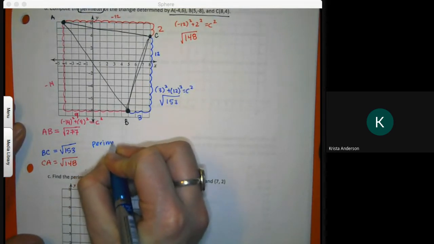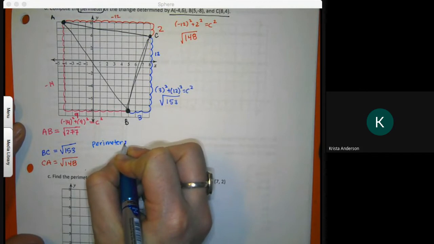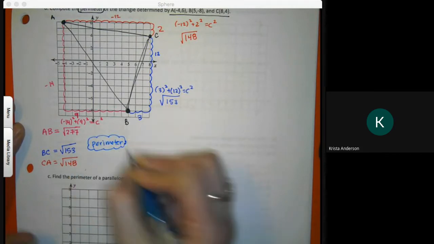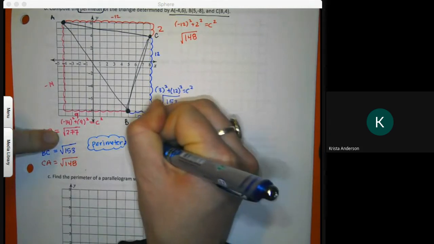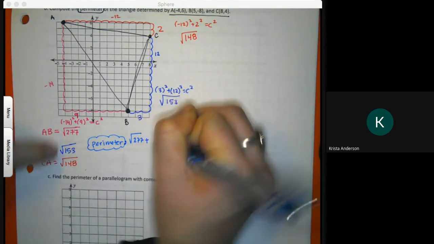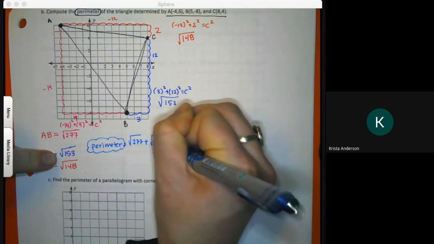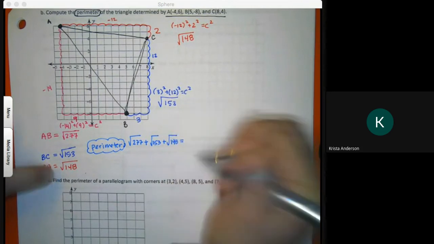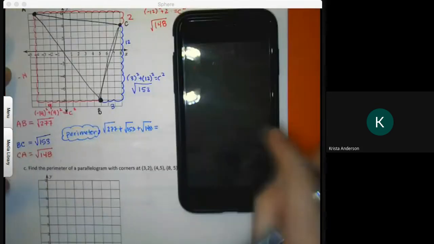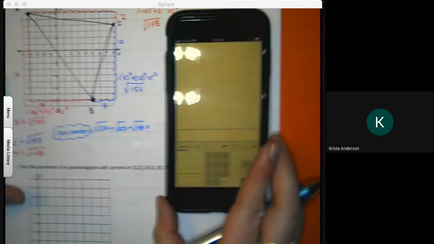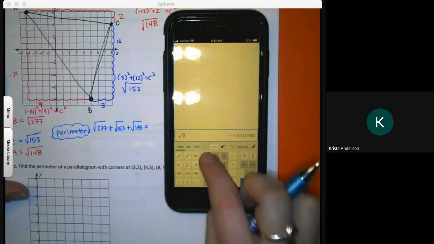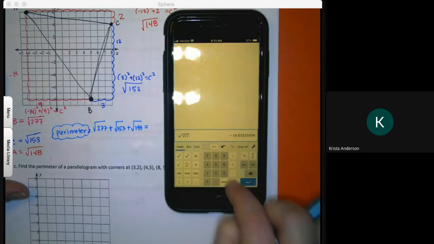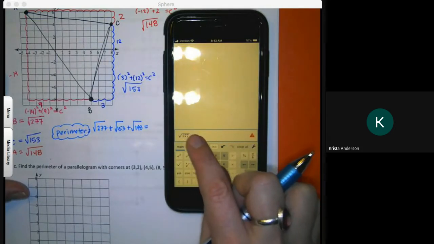What would the perimeter be? Yeah, and C added. Add them all up. So I would do the square root of 277 plus the square root of 153 plus the square root of 148. Make sure your root doesn't keep going over the plus sign.